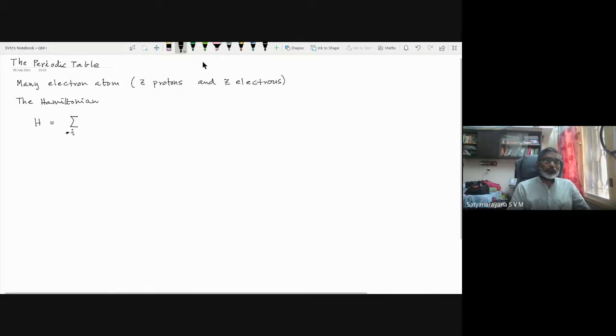I have Z number of electrons and each of them has its own kinetic energy, p squared by twice m, the electron mass.